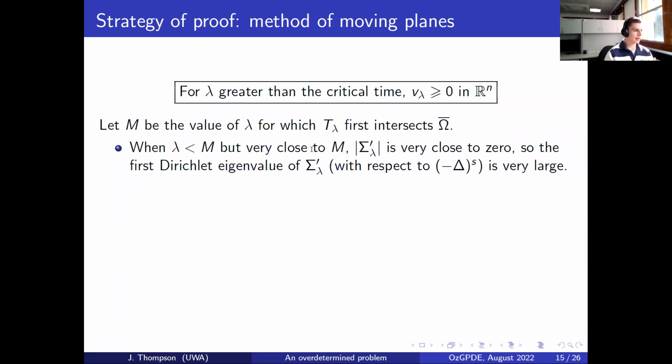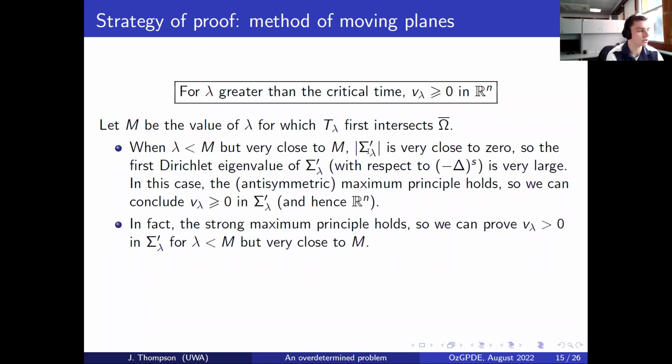And so when lambda is very close to m, but less than m, the volume of the left-hand part of omega, the reflected part of omega, is very small, very close to 0. So this means the first Dirichlet eigenvalue with respect to the fractional Laplacian is very large.